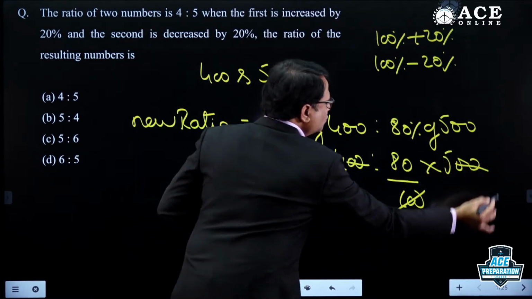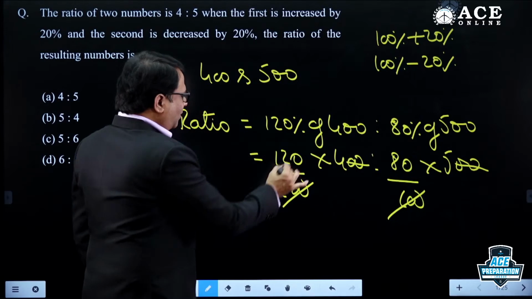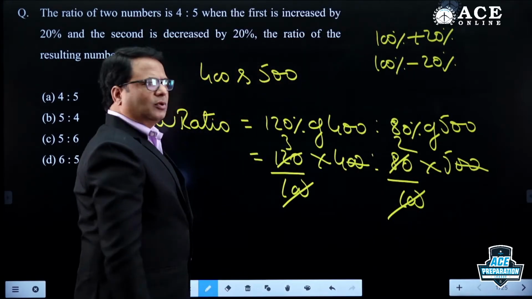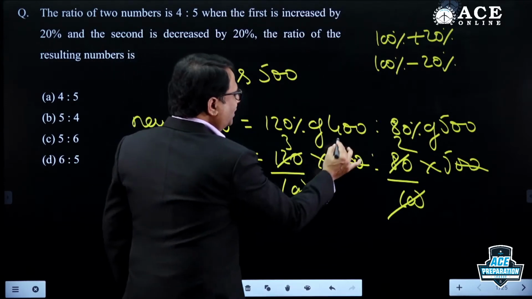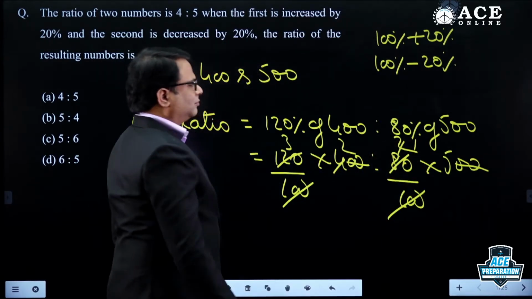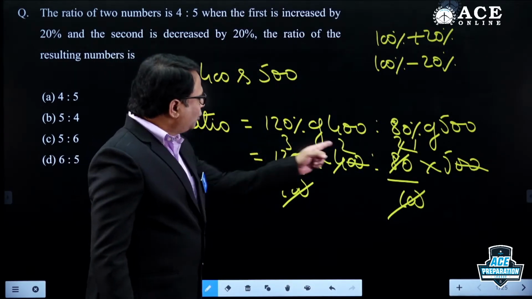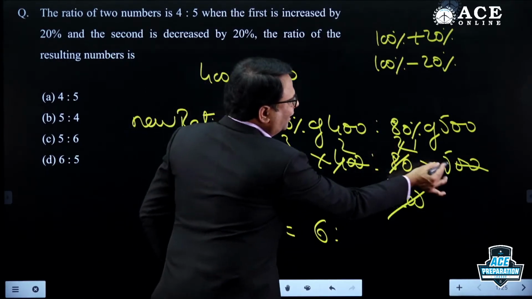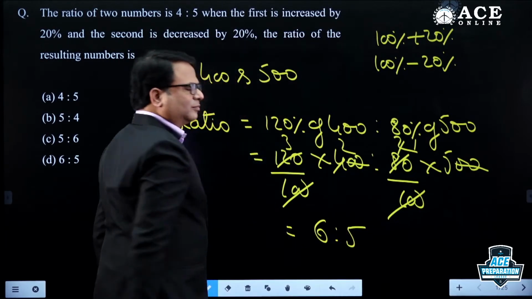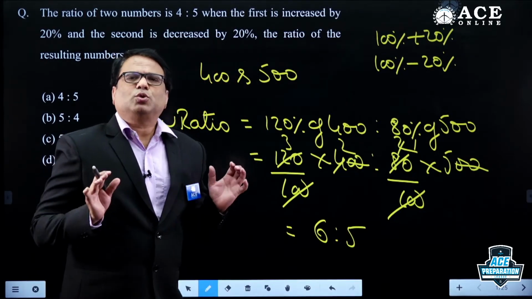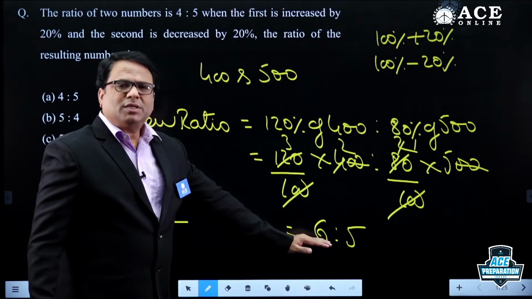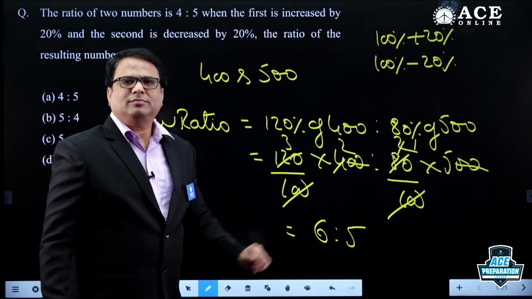These two zeros get cancelled. Then 4 threes are 12, 4 twos are 8. So 2 times, 2 times 1. What remains? 3 into 2, 6. What remains this side? 1 into 5, 5. So what is the ratio of the resulting numbers? We can say the ratio of the resulting numbers is 6:5.